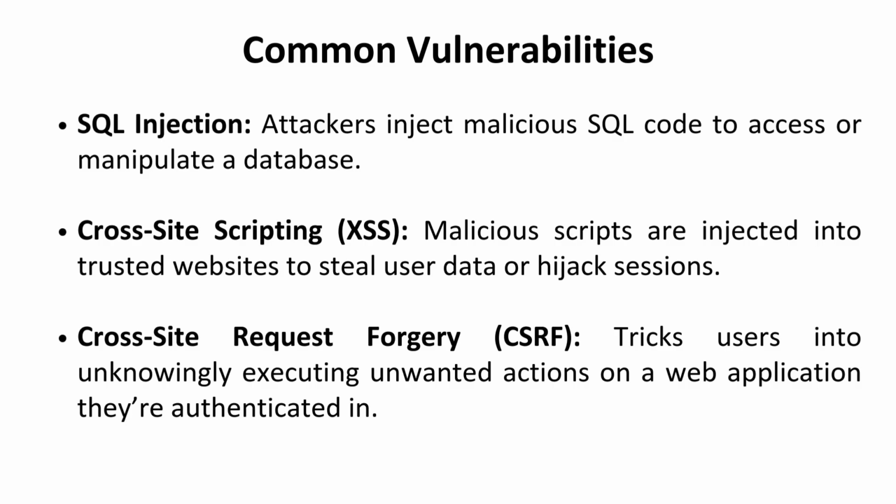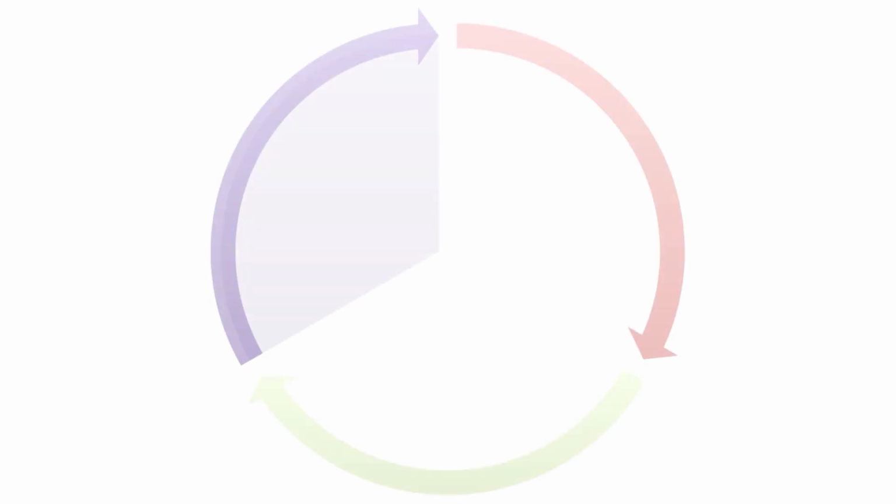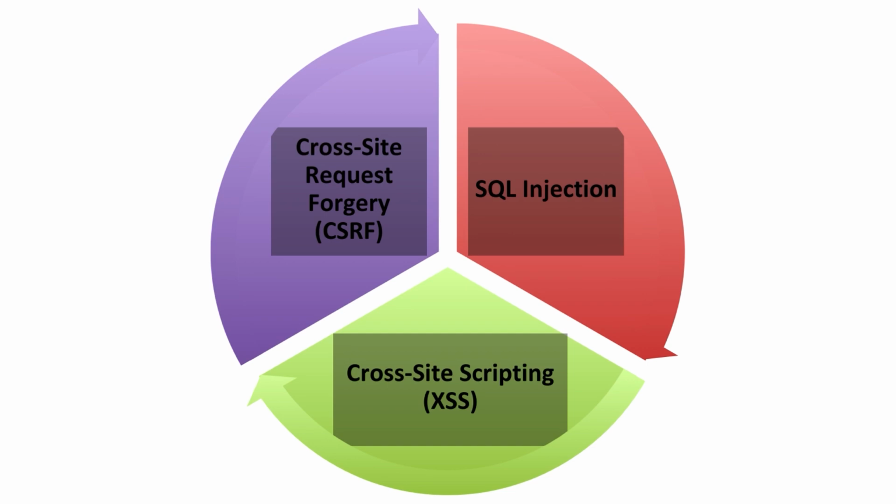Third one is cross-site request forgery, CSRF: it tricks users into unknowingly executing unwanted actions on a web application they are authenticated in. So here is the diagram showing SQL injection, cross-site scripting (XSS), and cross-site request forgery (CSRF).